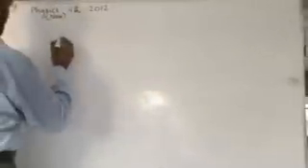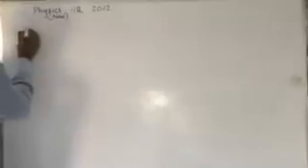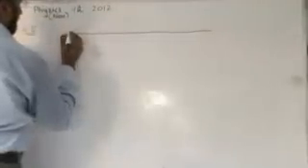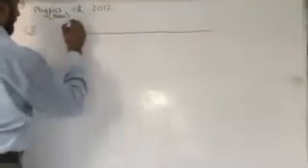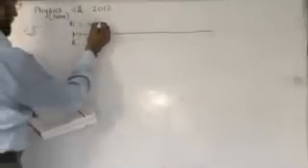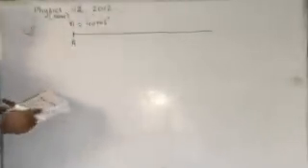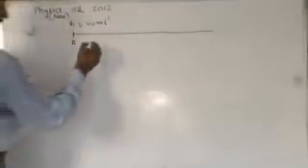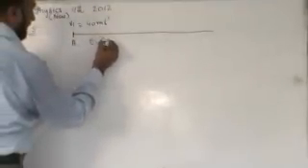A body starts from point A, where its initial velocity Vi is equal to 40 meters per second, for 5 seconds. Time is equal to 5 seconds.